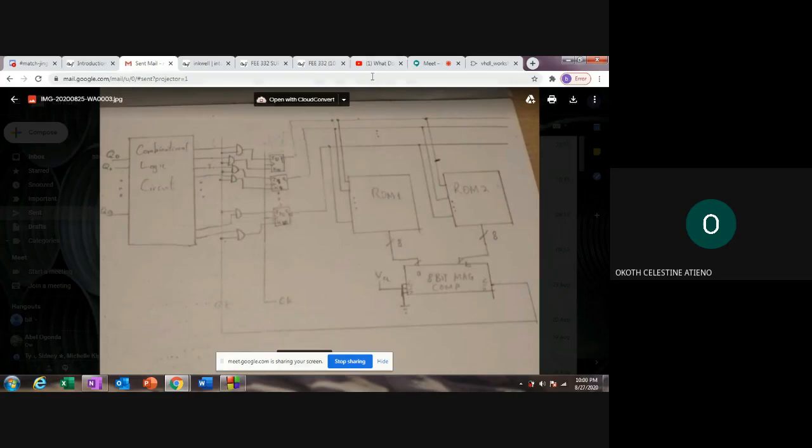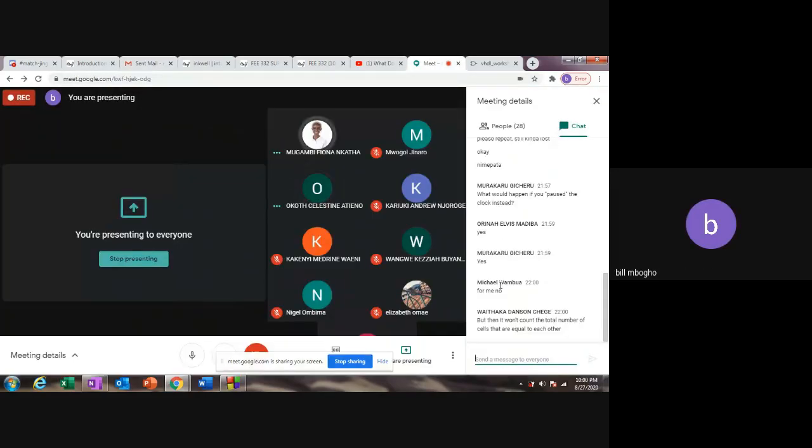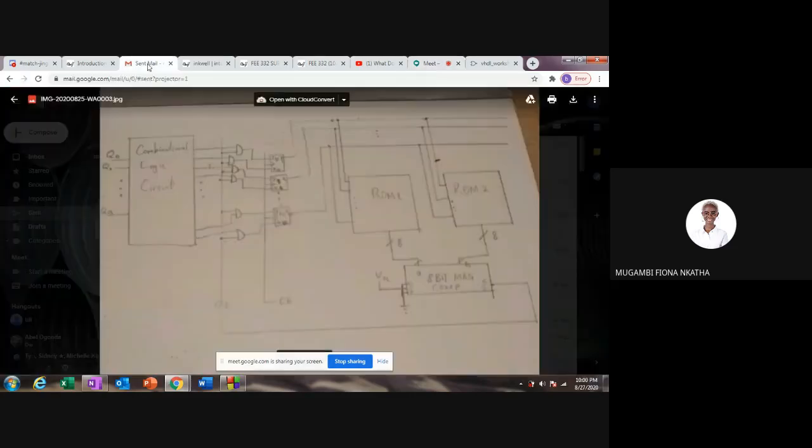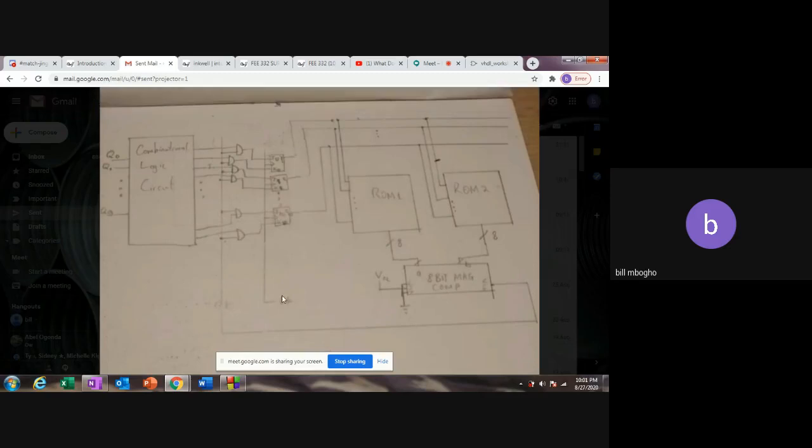Genius idea, good points. If we are going to do it with the clock, it's going to be before the synchronous counter. The synchronous counter will remain as it is, and then our equal to sign, we connect it to the clock with an AND gate.